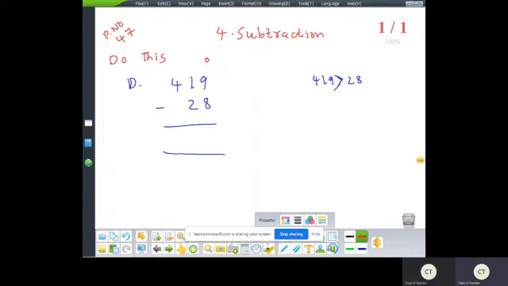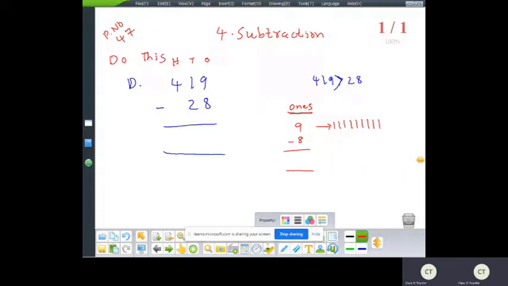Ones, tens, hundreds. On subtracting ones, the digits in the ones place are 9 and 8. 9 minus 8. Here 8 is smaller than 9, so subtraction is possible. 9 means draw 9 lines: 1, 2, 3, 4, 5, 6, 7, 8, 9.